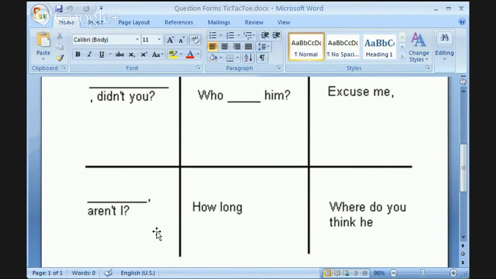If you use final falling intonation, you're asking for confirmation, which is another use. So there's another use of final falling intonation for tag questions. You do it really to get confirmation from the person.